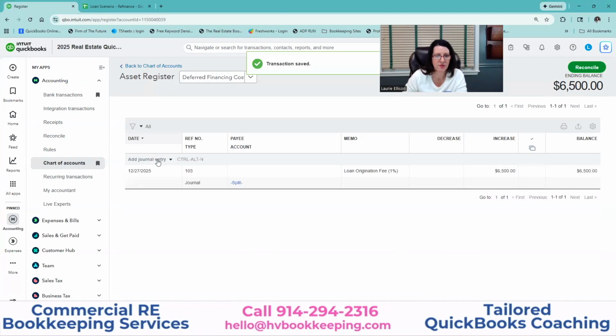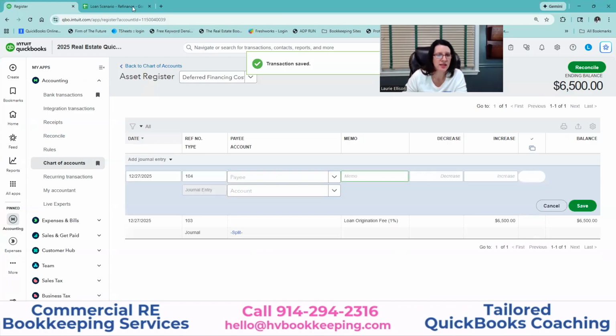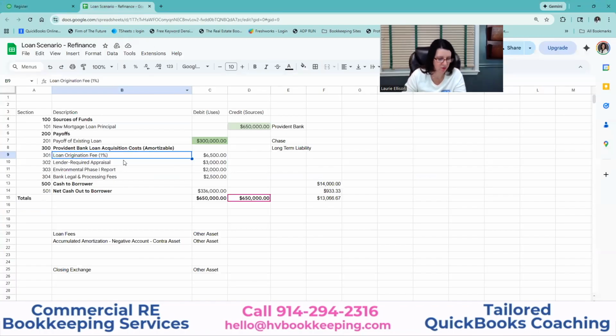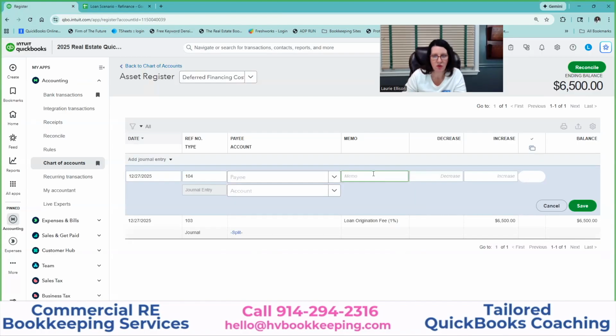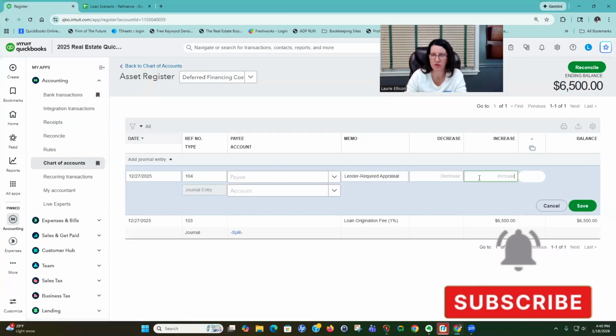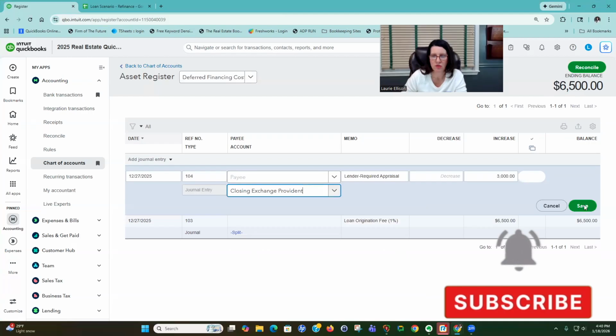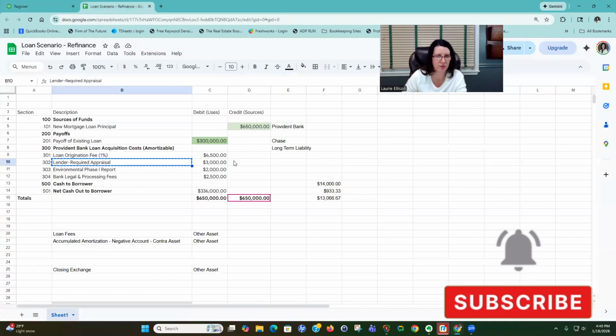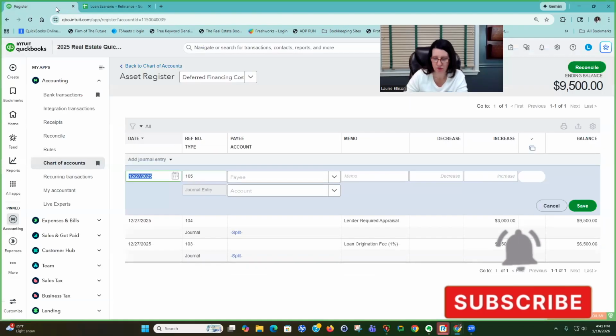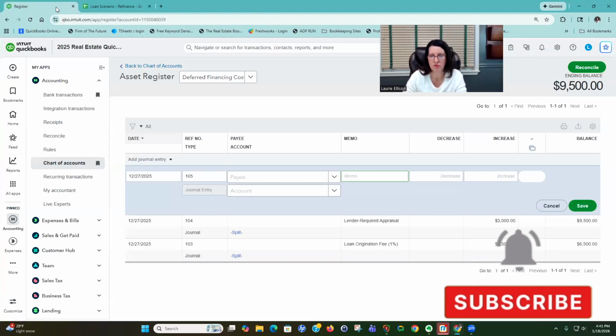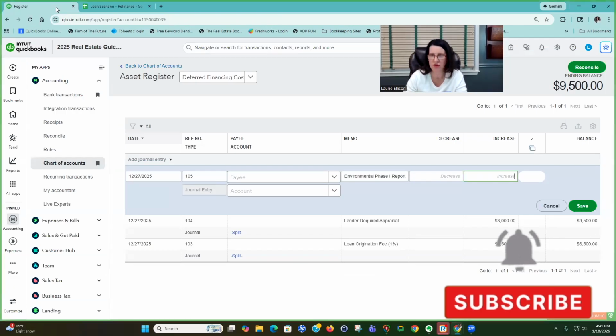Okay, and I'm going to do it again. And this is my lender appraisal. And that is 3,000. Okay, so I did 2 of them. This is a good way to keep track. Okay. That is 2,000.